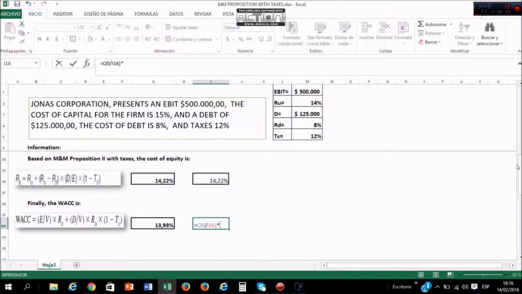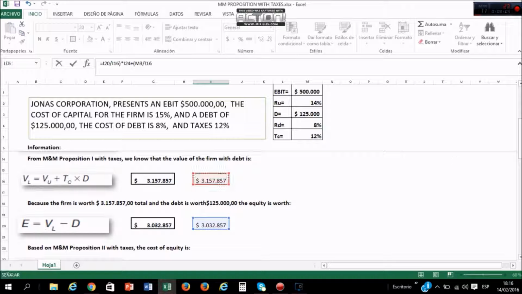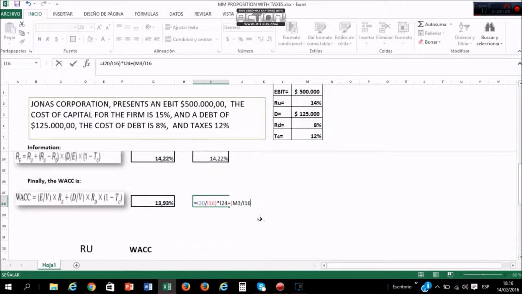multiplied by the RE, in this case the cost of the equity, 14.22%, plus the debt divided by the value of the leveraged firm one more time, multiplied by the RD, in this case 8%.